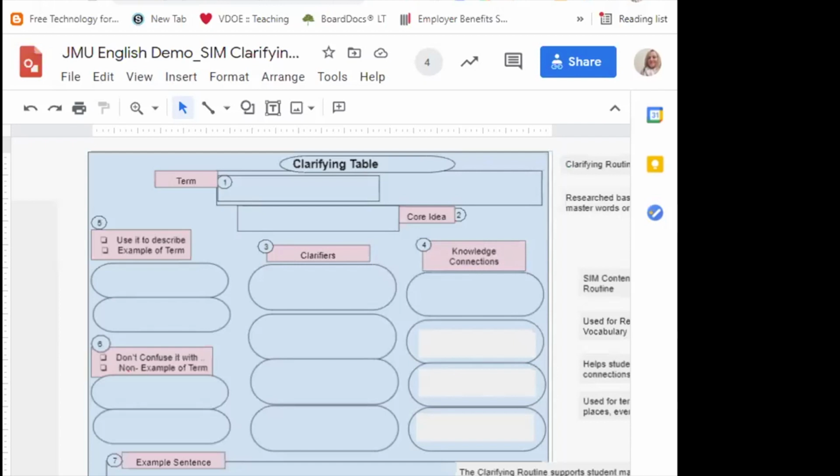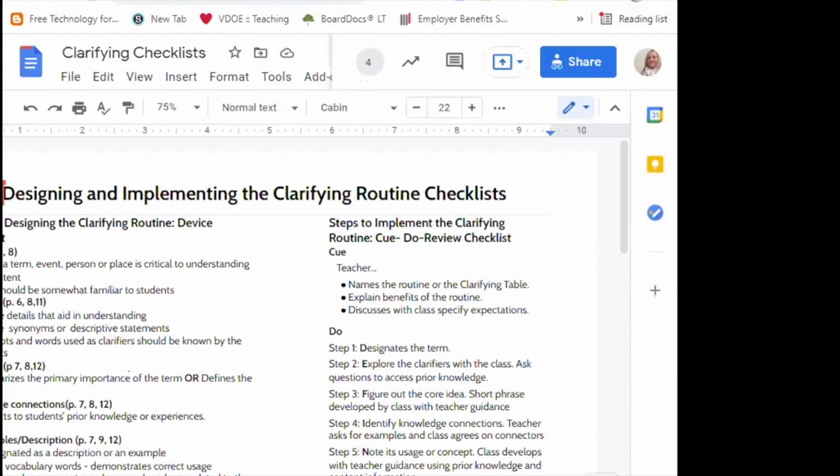So I would have already done my own version of this prior to using it with my class, right? So now I'm going to switch roles and I'm going to be your teacher, and I'm going to start off with our cue sequence. So if you will look at this and see if I'm doing the appropriate steps.